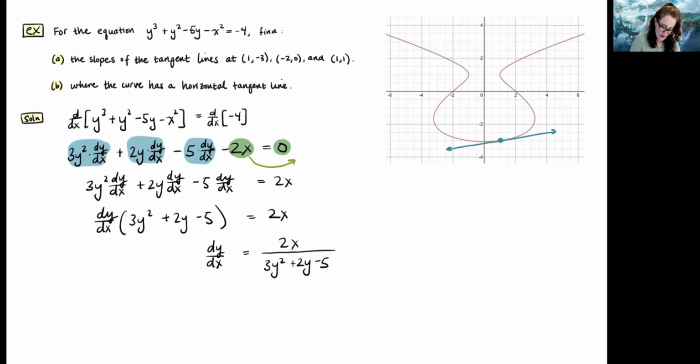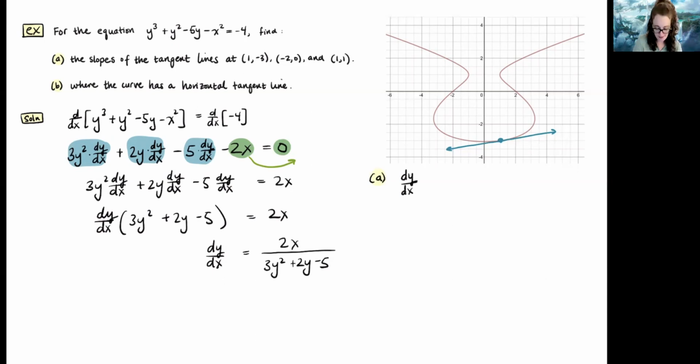So here's the notation that we use to basically tell everyone, hey, we're going to plug in a point into dy dx and get a slope out. So instead of f prime of 3 for notating that we're plugging in 3 into the derivative, here's how we notate that with the dy dx notation.